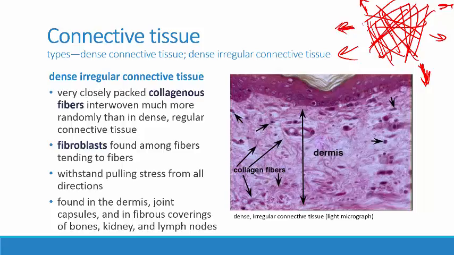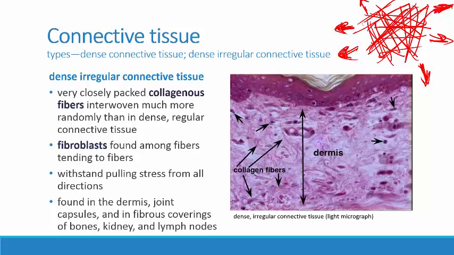If we pull along this axis, we also have fibers that are roughly laid along that axis that are going to withstand the stretch. And the same if we were to pull along this axis. Again, more fibers laid roughly along that direction give us strength, no matter which way we pull it. And the fibroblasts are found in and among all these fibers, tending to them and repairing them.